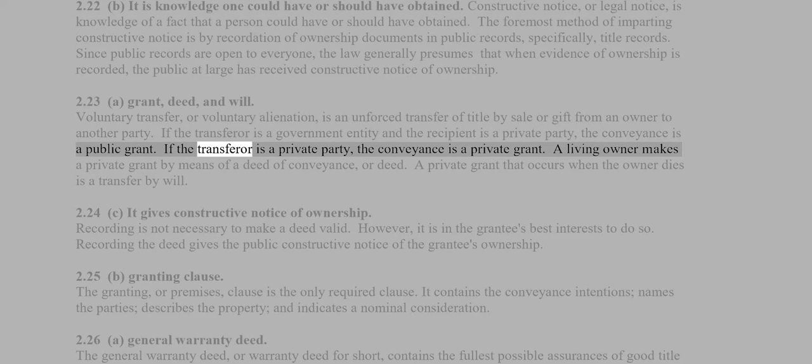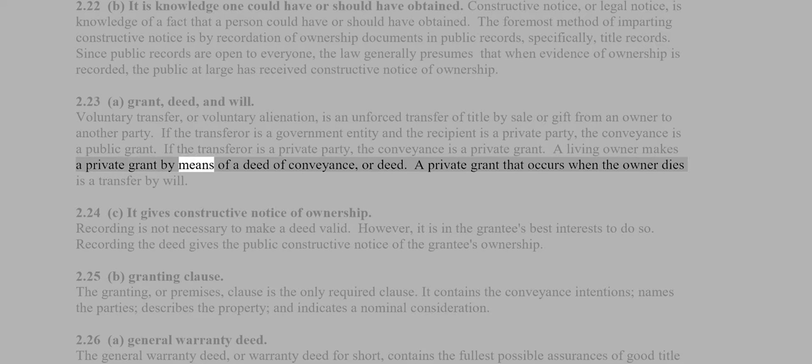If the transferor is a private party, the conveyance is a private grant. A living owner makes a private grant by means of a deed of conveyance, or deed. A private grant that occurs when the owner dies is a transfer by will.